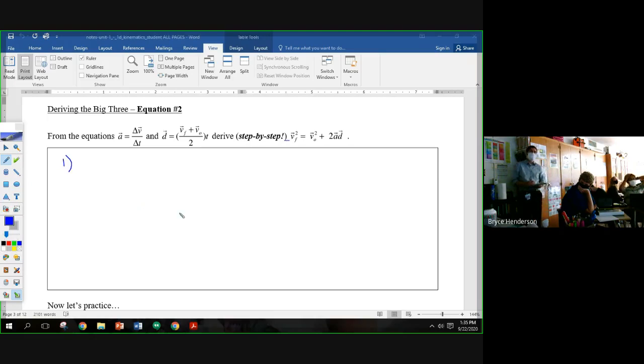Step 1. Let's copy our acceleration equation like we did before. Acceleration is delta v over t. And then I'm also going to copy this equation. This is one we've not actually worked with before, but this is the average velocity equation.